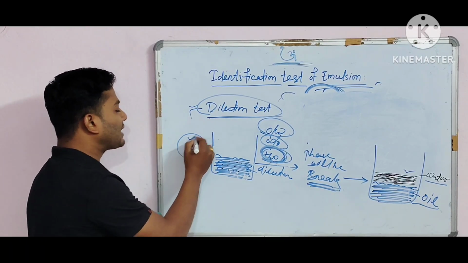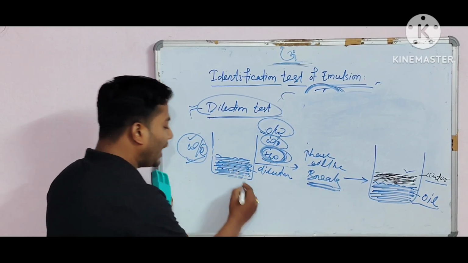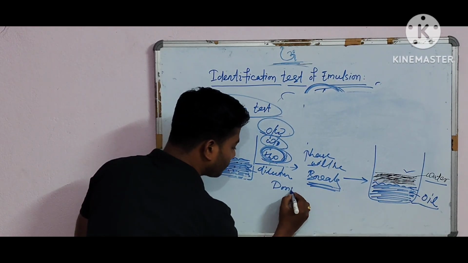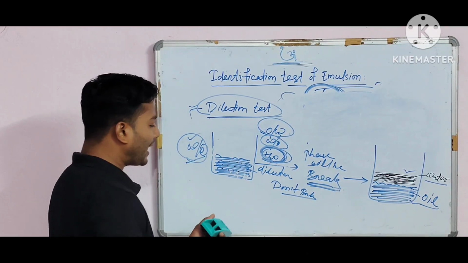That means water is the dispersed phase and oil is the continuous phase. Clear? If the phase does not break, so what is the diagram?